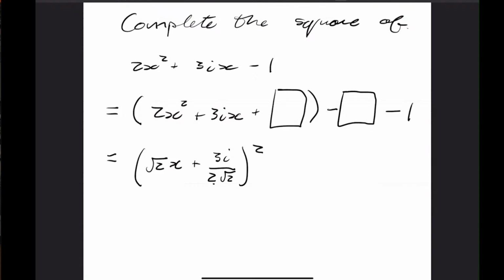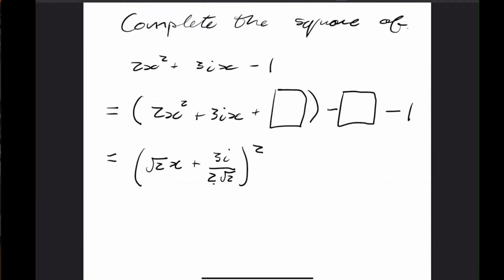So let us just see if we're going to square this thing. What are we getting? The square root of 2x squared gives us 2x squared. That's fine. To get the middle term, multiply these two together, multiply by 2. So that is going to get us 3ix. Okay, fine. And now let's add and subtract the squares that we are going to get there.